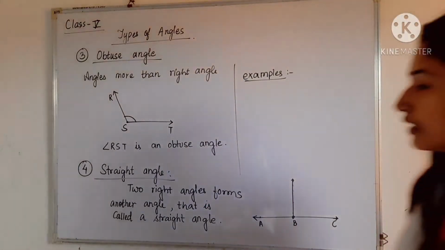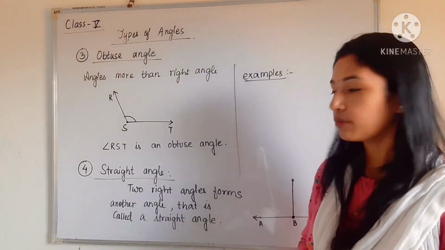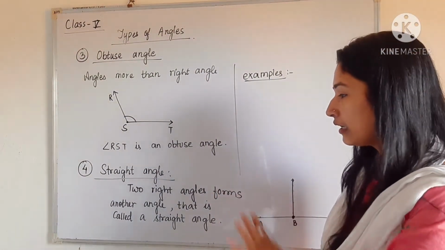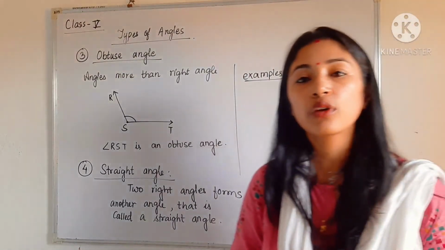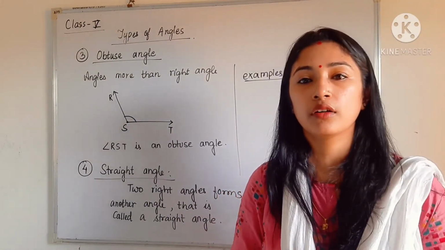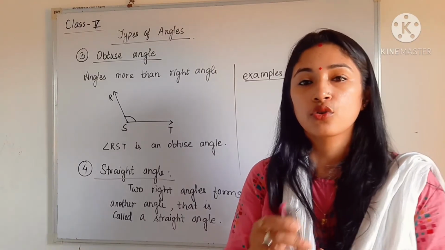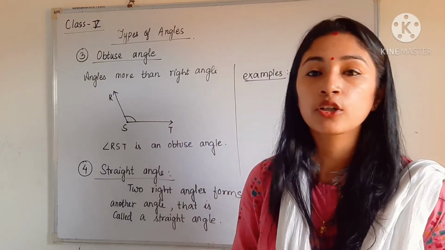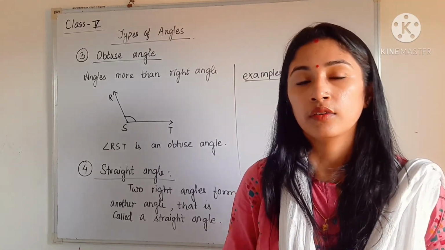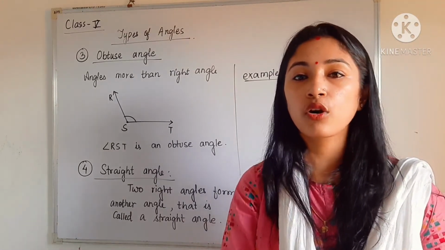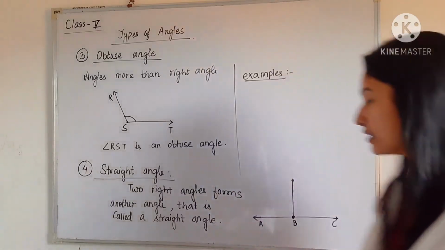So the next one is straight angle. What do we mean by straight angle? A straight angle is the angle which is formed using 2 right angles. Already we have studied what a right angle is. So if we take 2 right angles all together, then there is a third angle that is called what? That is called a straight angle. You can see the diagram.